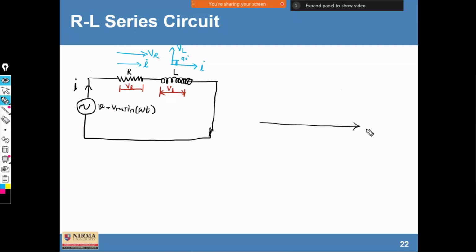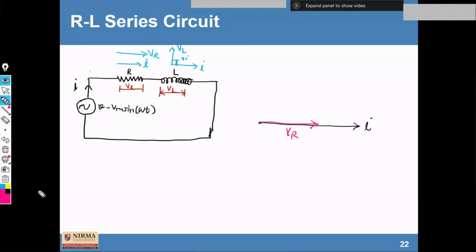This is vector I. We can represent VR, which is due to resistor R, on the same axis, because in a purely resistive circuit vector VR and current I are in phase with each other, so the angle between voltage and current is 0.